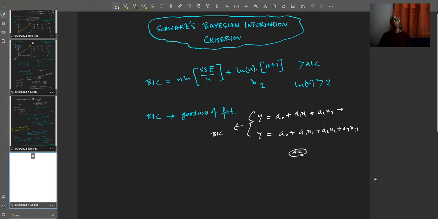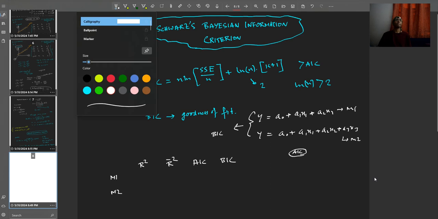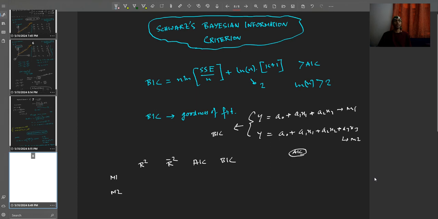Now let's say this is model 1 and this is model 2, so M1, M2. Now we have measured certain values for them. We have measured their R squared, their adjusted R squared, their AIC, and their BIC. Okay, let's plug in the values here. Let's say M1 has an R squared of 0.8 and M2 has an R squared of 0.85.